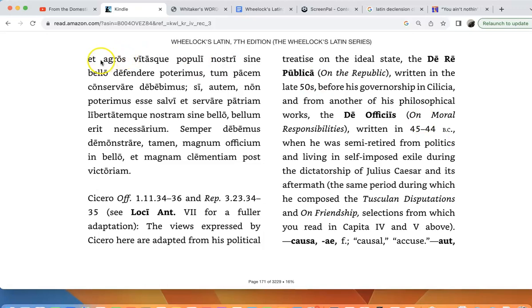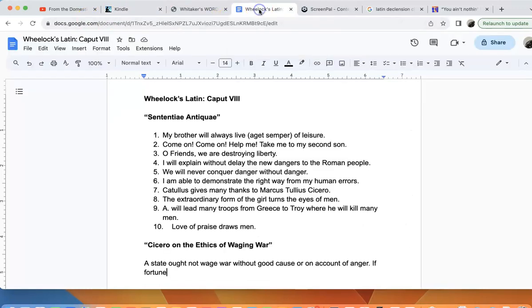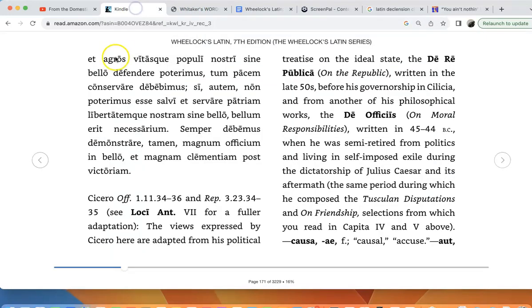So if the fortunes. Remember, Latin doesn't use a or the. So in this case, it makes sense to use the. So the fortunes, because if a fortunes doesn't make any sense, because a is singular, whereas fortunes is plural. So if the fortunes, fields, and lives of the people.